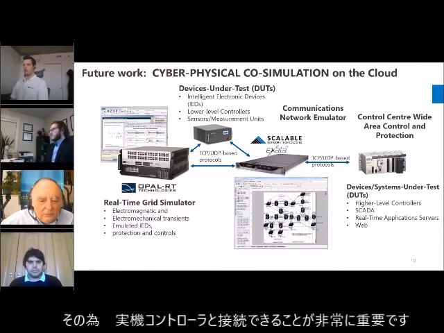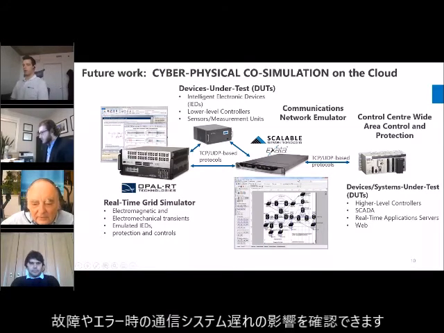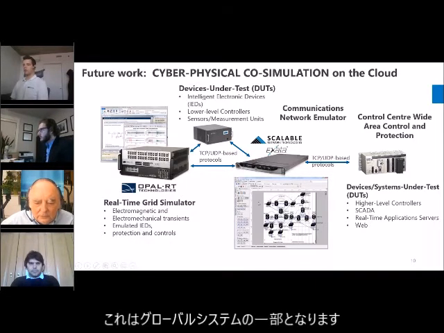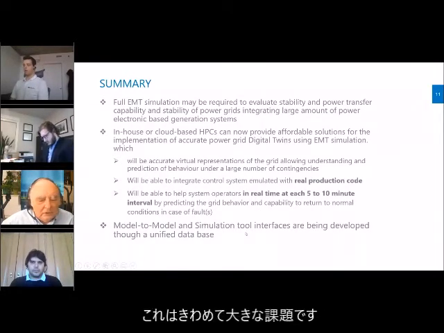So this is quite important, to be able to connect the real intelligent controller with the real code that will run in the control center, and interface that with a good emulation of the communication system, so that you can see the effect of delays in the communication system, of faults or errors. So this will become a part of the global system. So this is quite a challenge.